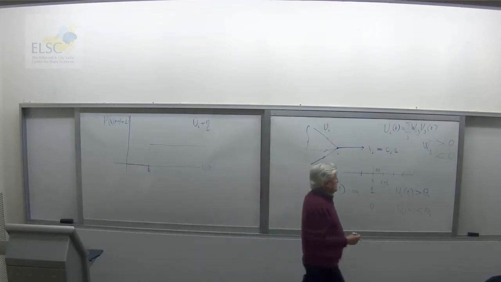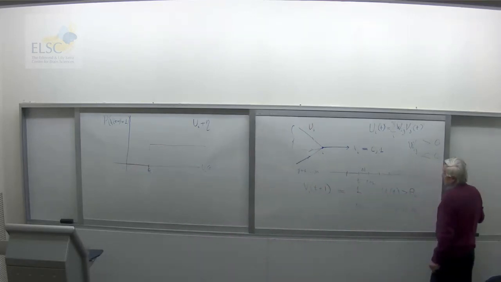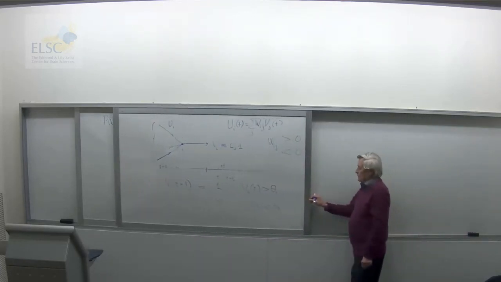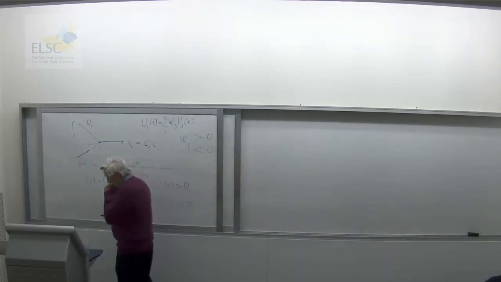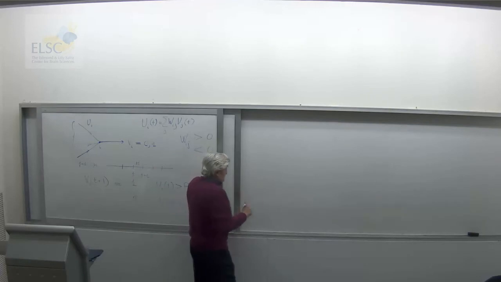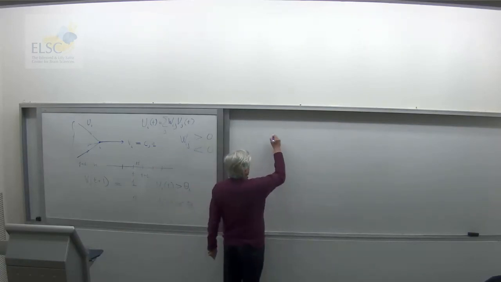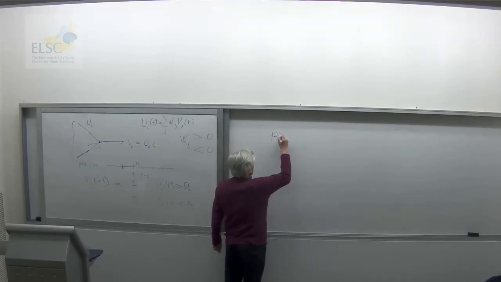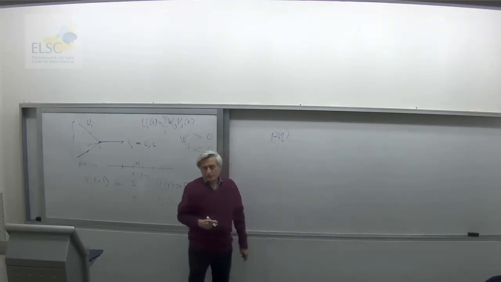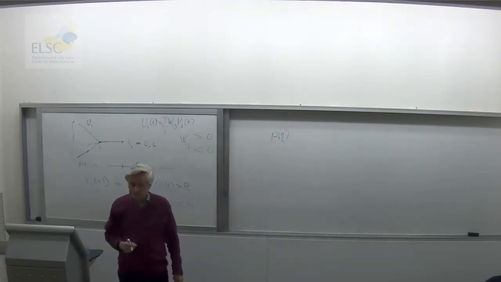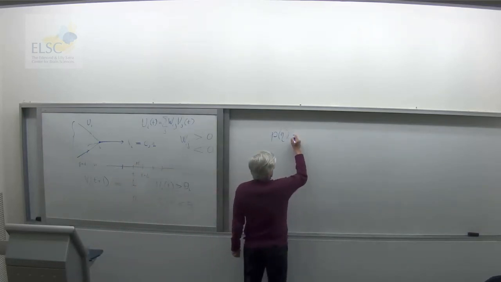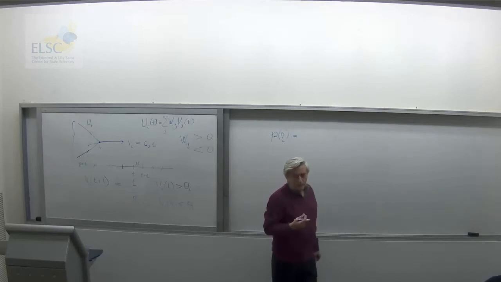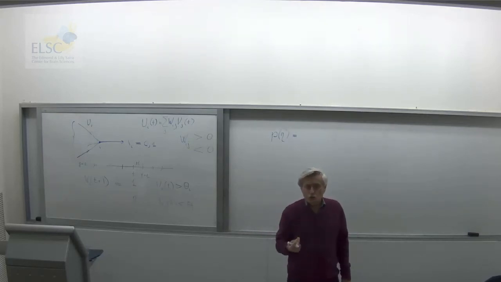We assume that this eta is a normal variable, a random variable. We have to assign its probability distribution, and we assume that this is a normal variable.